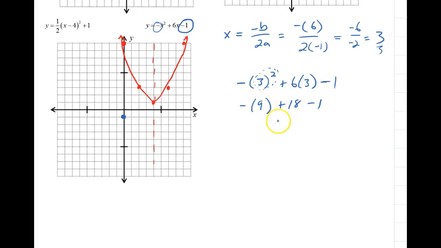So now that's negative 9 plus 18, which is 9, minus 1 gives us 8. So I know my vertex is at (3, 8). So at (3, 8), with my line of symmetry.